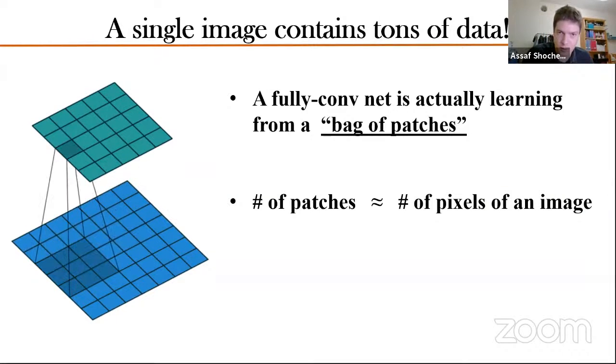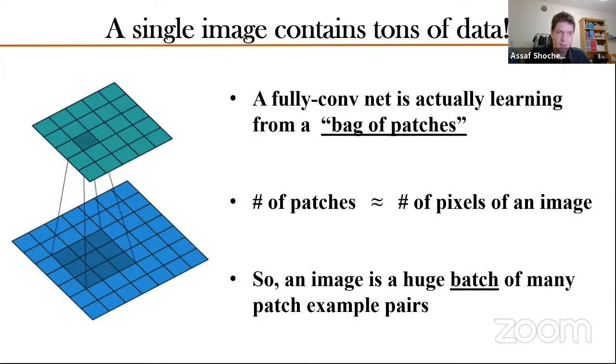For easy calculation, think about images that are 1000 by 1000 pixels. This means you have 1 million RGB units, and this is more or less the number of overlapping patches you get.